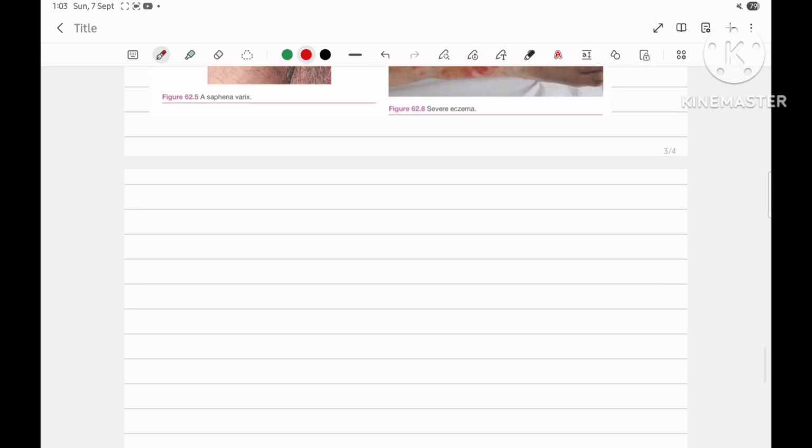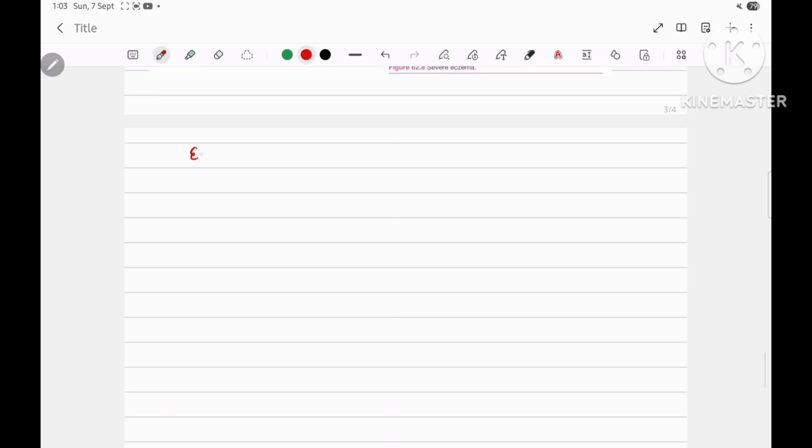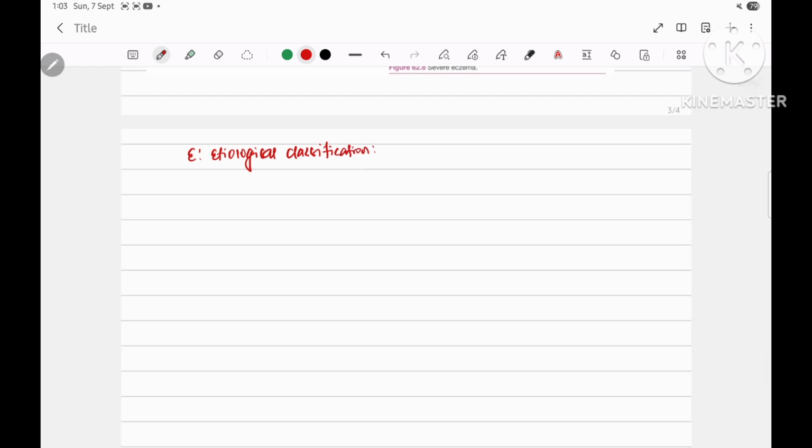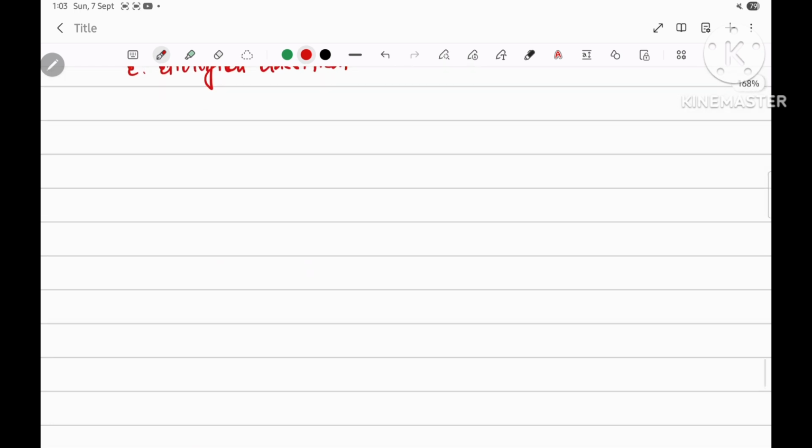Now it's time for the etiological classification. So E means etiological classification. In etiological classification, the etiology can be congenital, primary, or secondary to any cause.